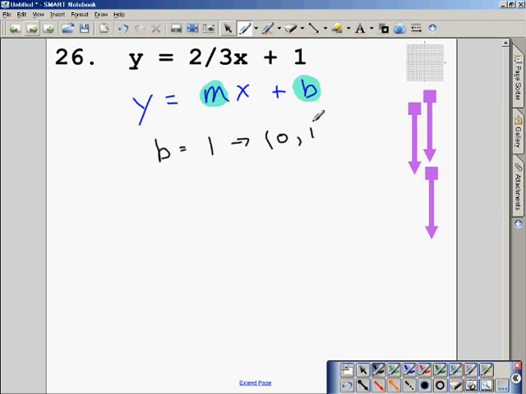Now the slope is equal to this number here, the 2/3, because it's in the position of the m. Now what that means to us is when we move, we're going to move up 2 and to the right 3.